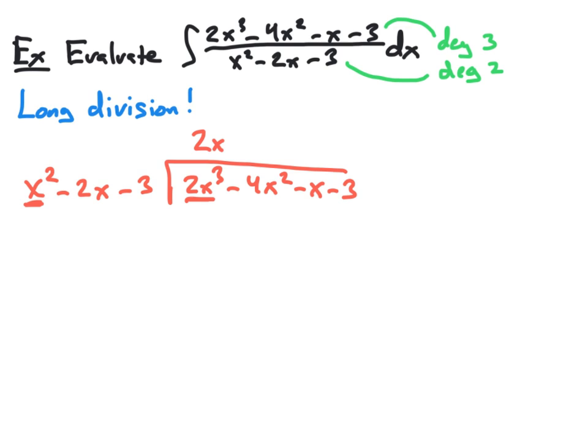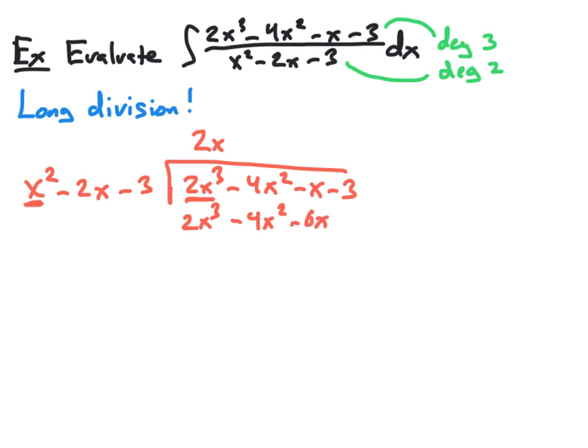Now we take our partial quotient of 2x, and we're going to multiply 2x by everything in our divisor. In this case, we get 2x times x squared, which will be 2x cubed. 2x times negative 2x will be minus 4x squared. And 2x times negative 3 will be minus 6x.